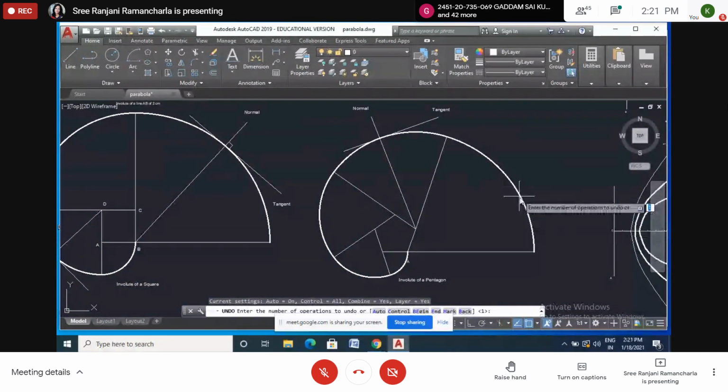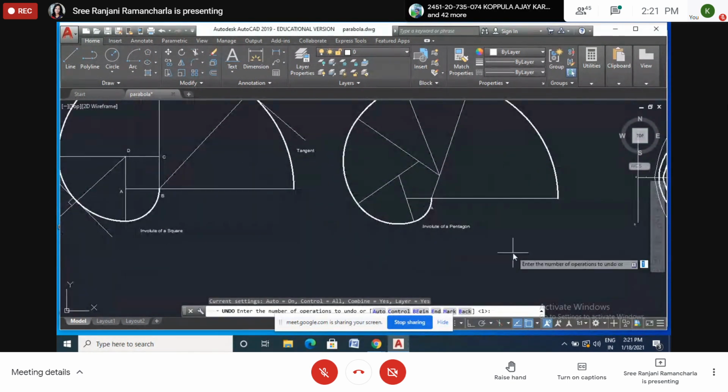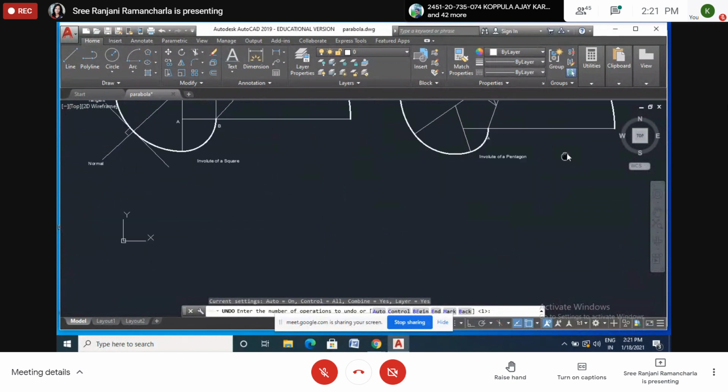Wherever you want to take a point on a curve, join it to that particular center and extend, that will become the normal, and perpendicular to that one is a tangent. So this is the involute of a pentagon.